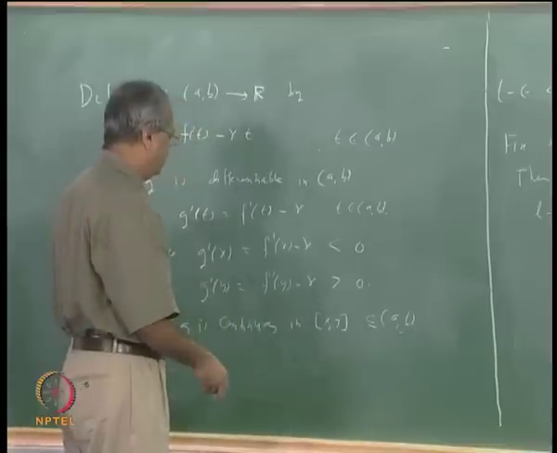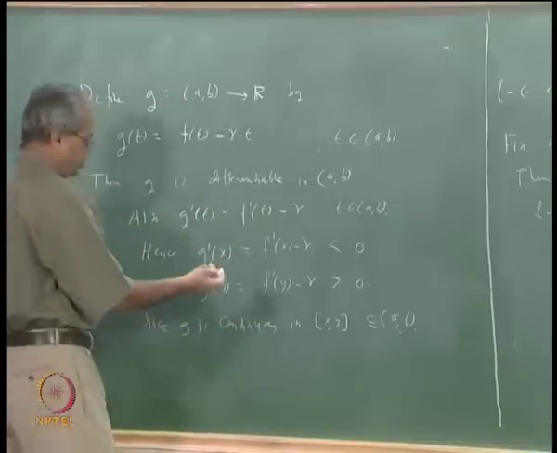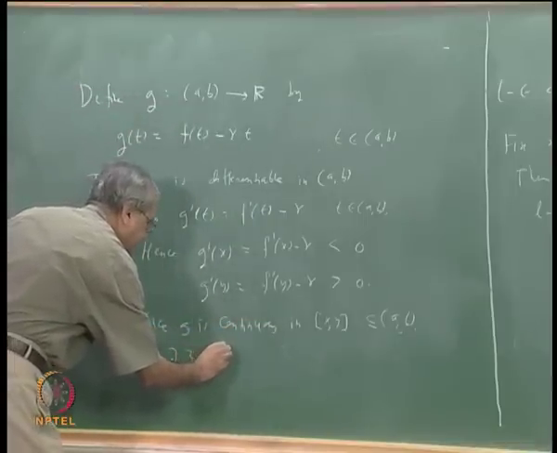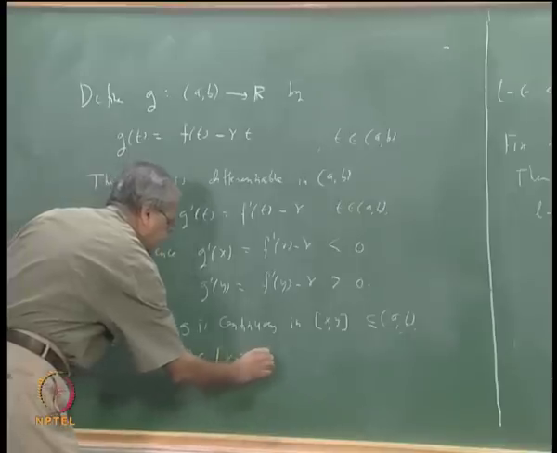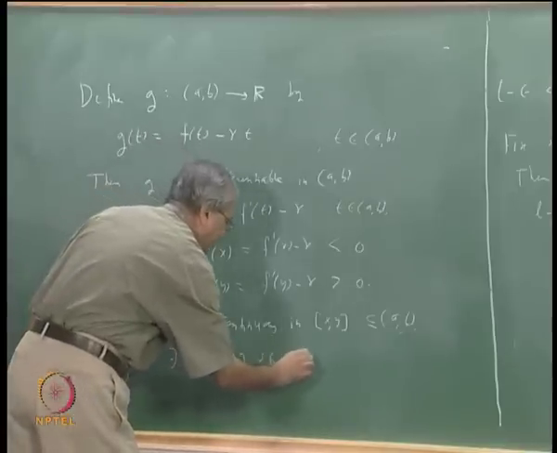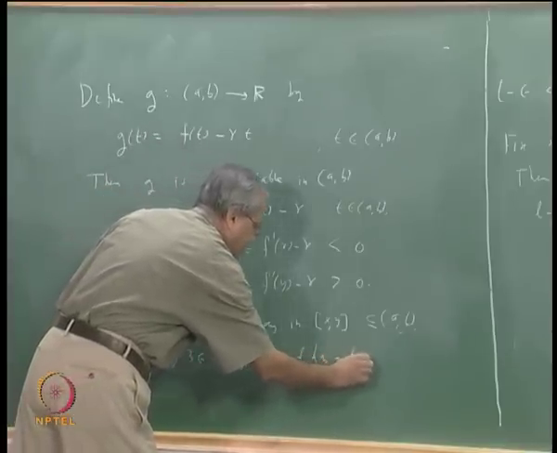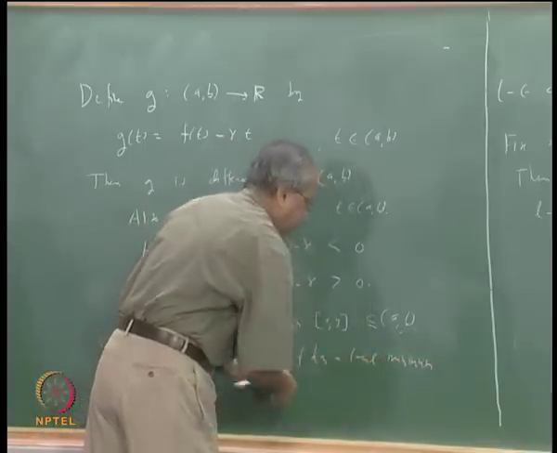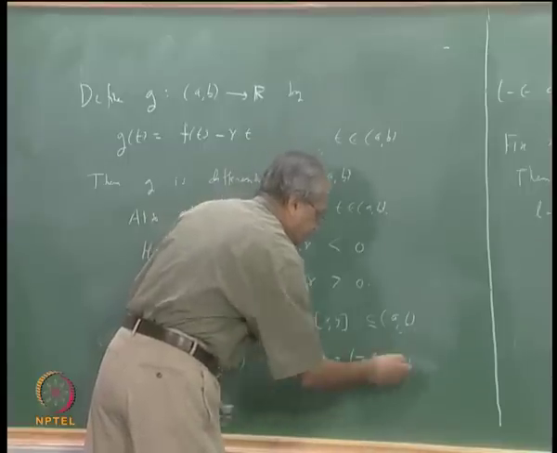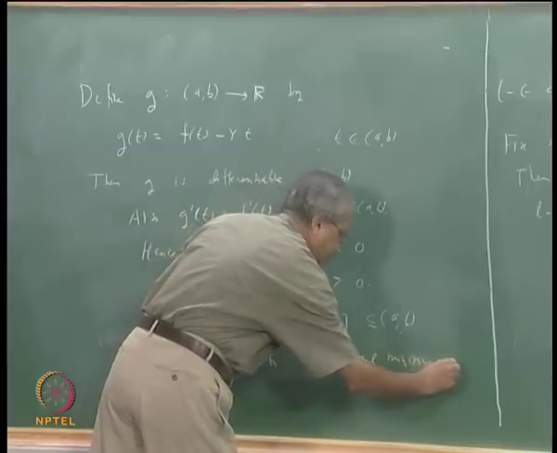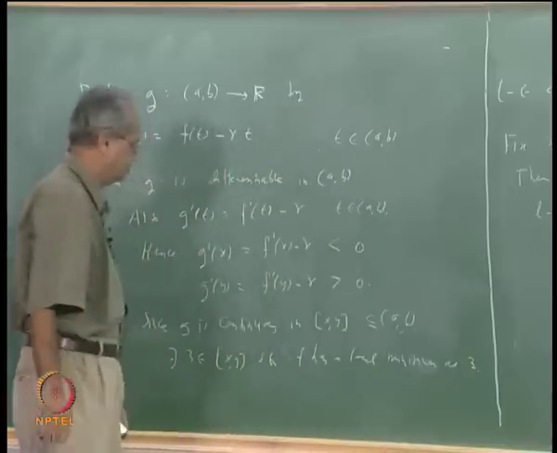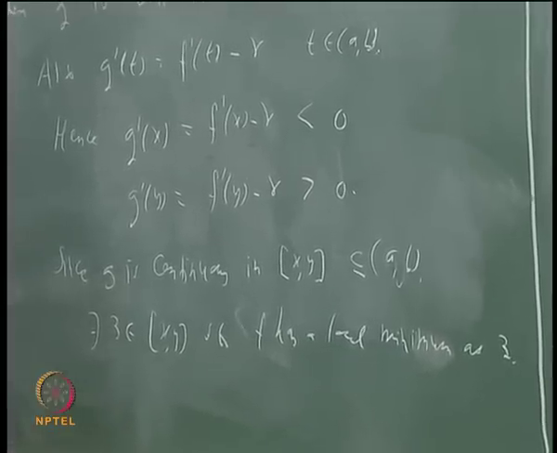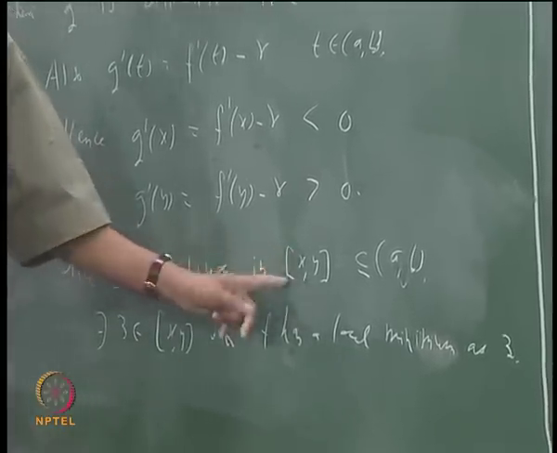Suppose I call that minimum Z. There exists Z in xy such that G has a local minimum at Z. Now there is only one question, whether this Z is an interior point of xy or one of the endpoints.